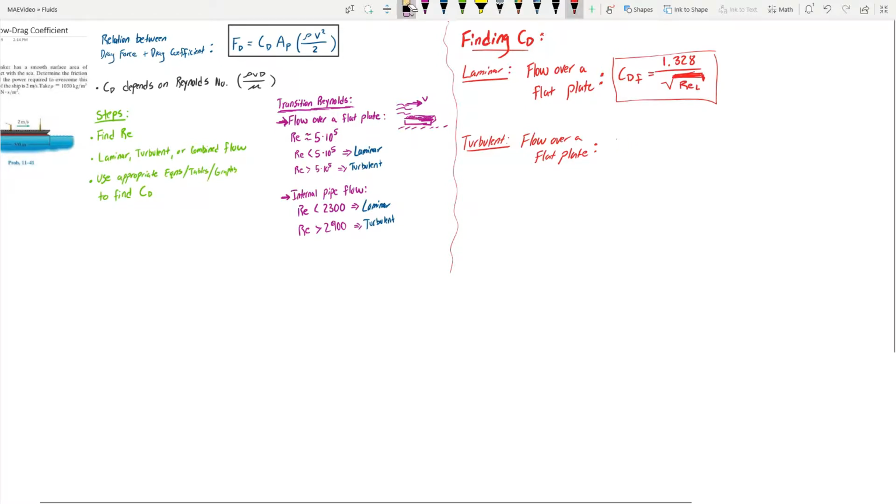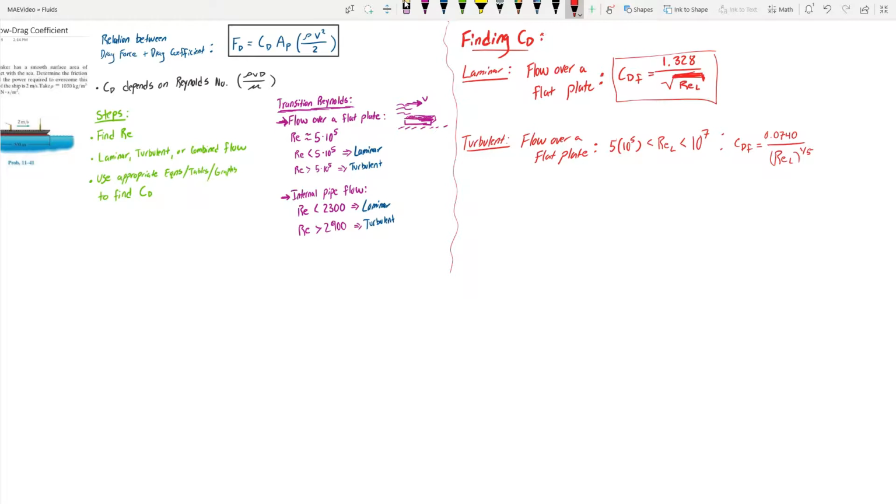If your Reynolds number is between 5 times 10 to the 5th and 10 to the 7th, then your drag coefficient, CDF, would equal 0.0740 divided by the Reynolds number based on length to the 1/5 power.